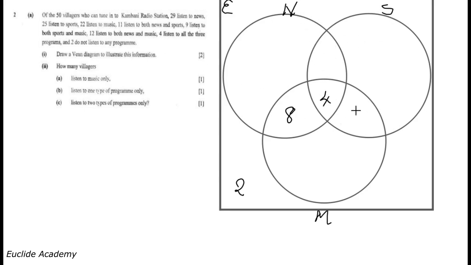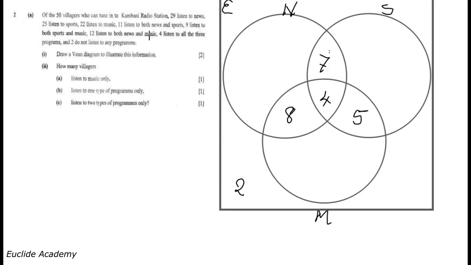You already have 4 here, so 9 minus 4 leaves 5 here. And then we have 11 listening to both news and sports. 11 minus 4 should give us 7.